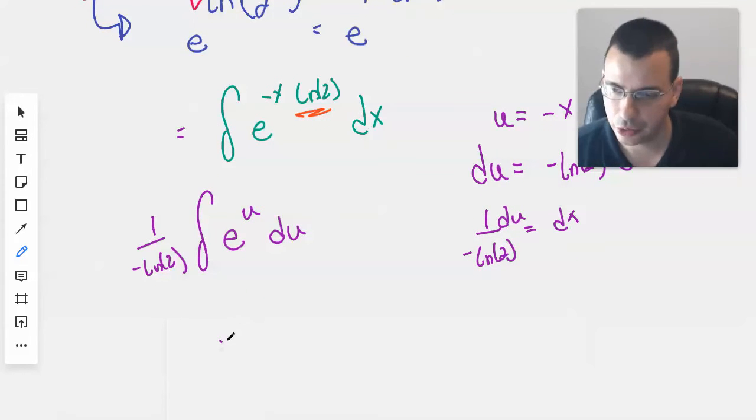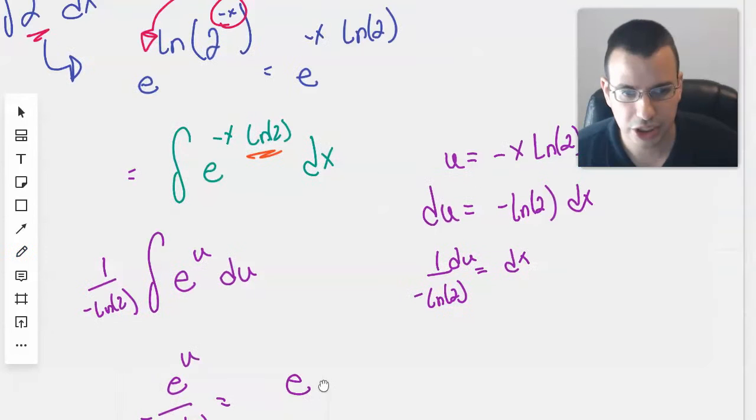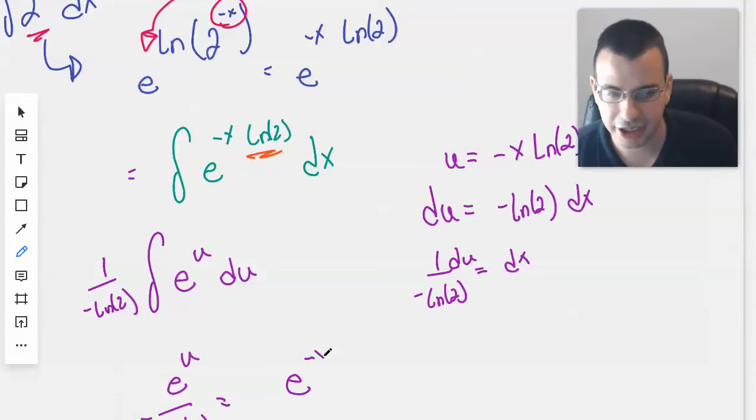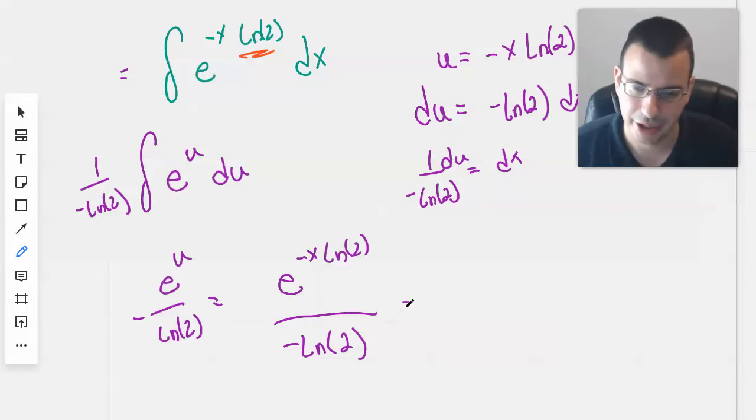Take the integral, we have e to the u over negative natural log of 2. And this will then equal e to the negative x natural log of 2 all over negative natural log of 2. I know it feels like a billion steps here. It's not actually a billion, but it is many.